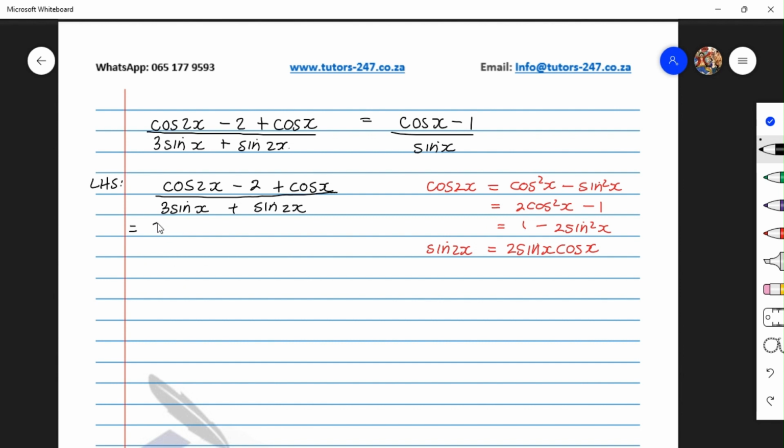So let's substitute that in. And our denominator, we just substitute our sine double angle formula.